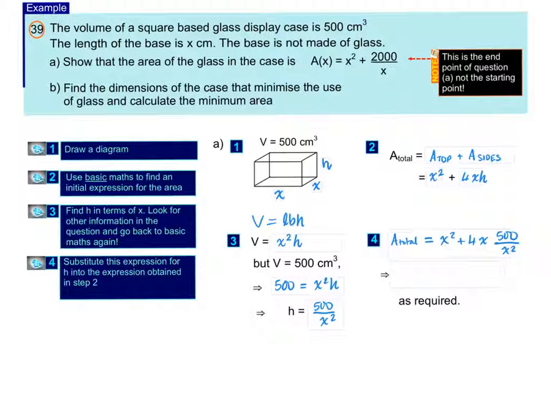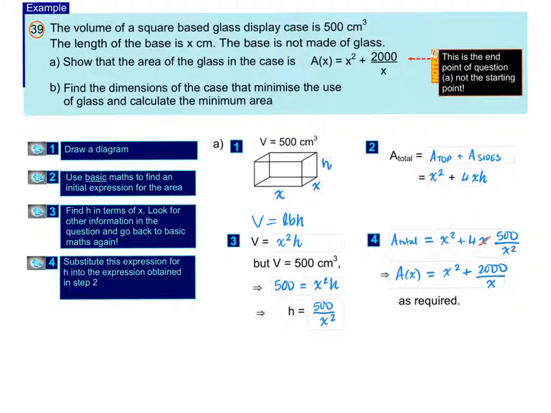So now we can cancel out this x with the x squared, which gives us an expression for the area in terms of x now, which is x squared plus 4 times 500 is 2000, and we've got an x on the bottom. So that's what we were asked to do for the first part. We've shown that the area is x squared plus 2000 over x. So that's the first part of the question done.